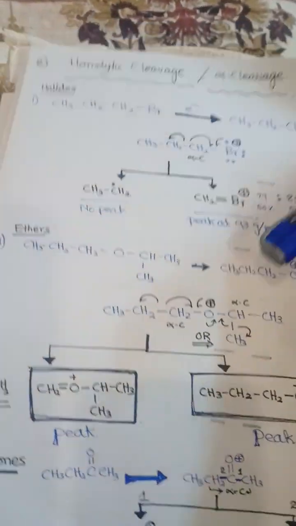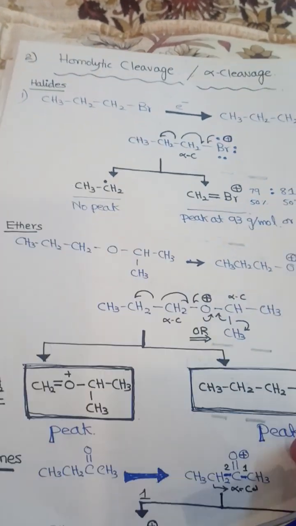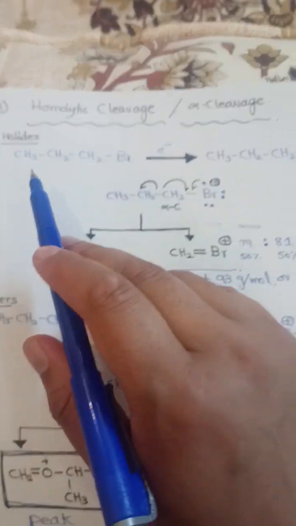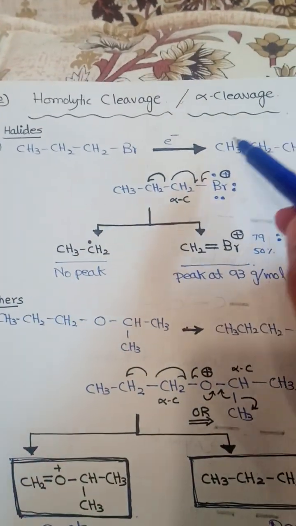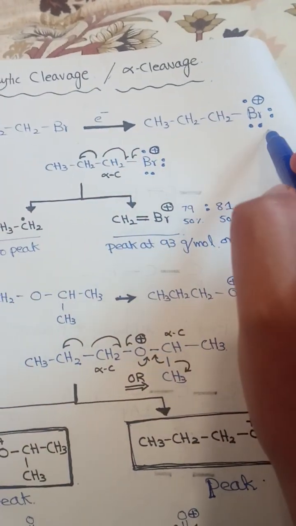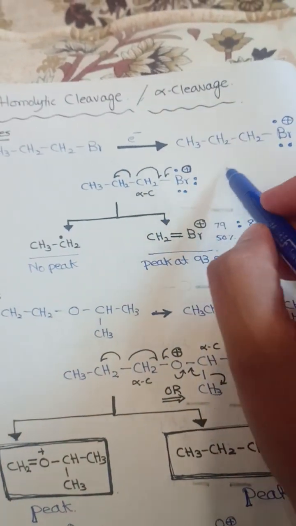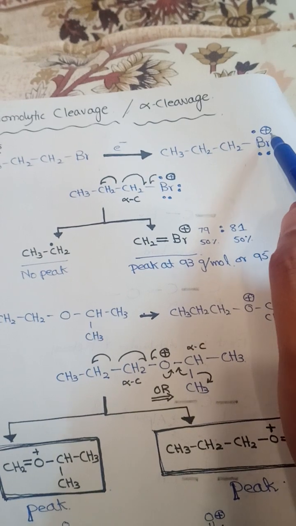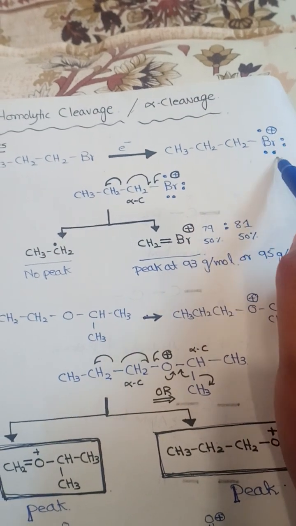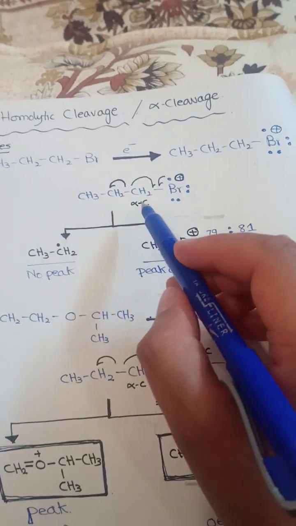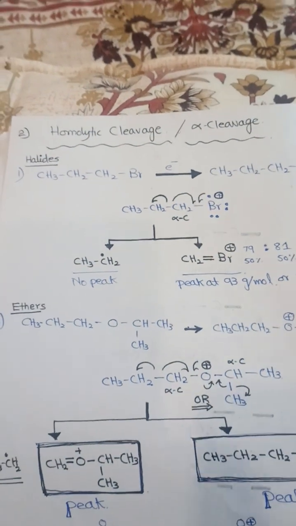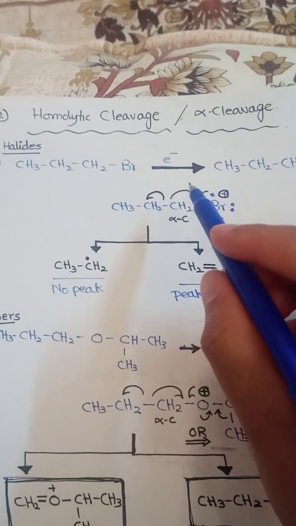Now we will discuss what is homolytic cleavage or alpha cleavage in different groups. Let's suppose in halides when homolytic cleavage occurs, we will get a molecular ion peak by the loss of electron from this compound which is propyl bromide, and when the loss of electron occurs we will get a bromonium ion, and when homolytic cleavage occurs, this cleavage will occur from the alpha bond.